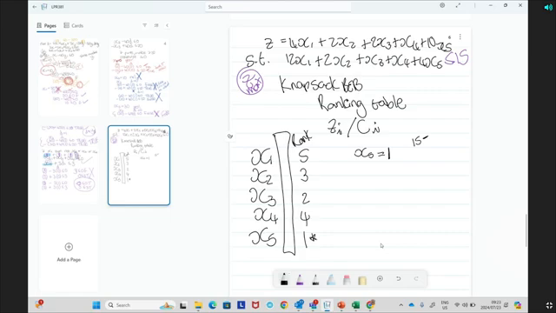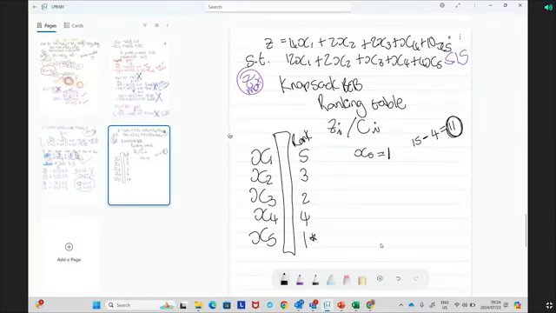You guys tell me, what do I minus and what am I going to be left with? Perfect. So 15 minus the 4 of x5 gives us an answer of 11. Very good. So we have 11 left for next items that we place.